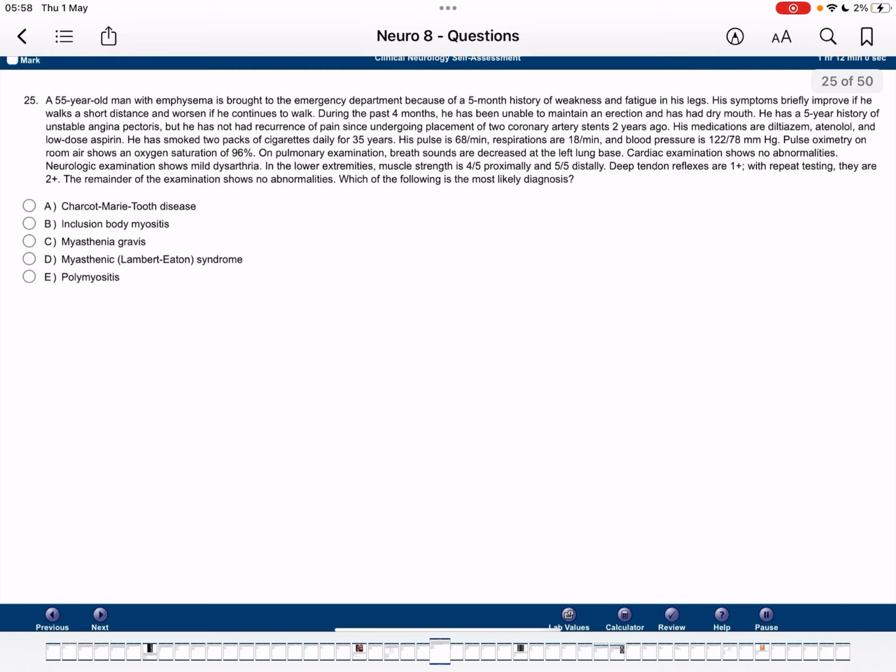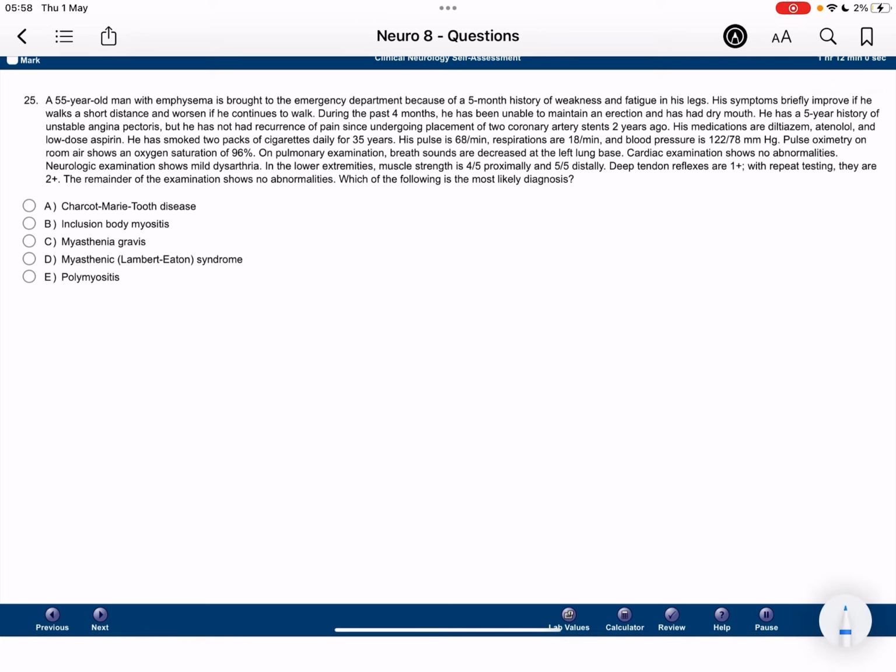We'll solve another question. This question is pretty long. So first I'll have to look at the options and what he is talking about. Which of the following is the most likely diagnosis? Charcot-Marie-Tooth disease, inclusion body myositis, myasthenia gravis, myasthenic Lambert syndrome and polymyositis. Remember, 55-year-old man with emphysema is brought to the emergency department with a 5-month history of weakness and fatigue in the legs.